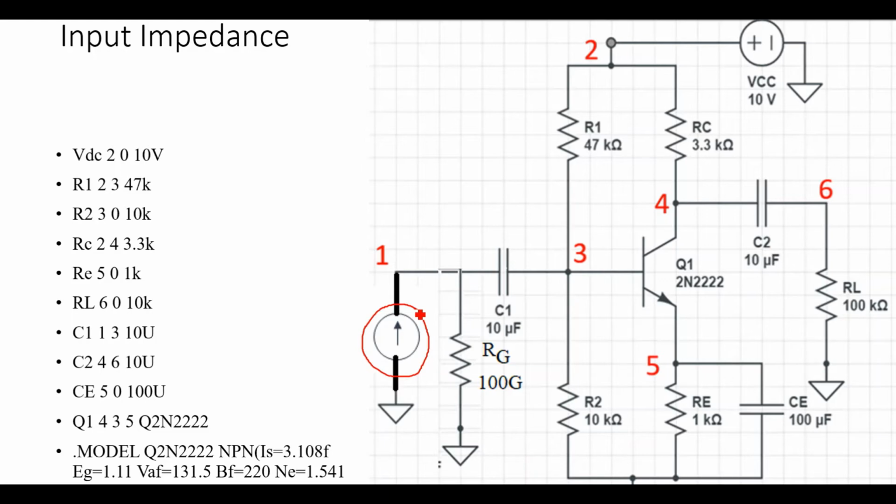If there is a current source, then there should be a resistance also. That means the voltage source is not there and the current source is there along with the resistance.